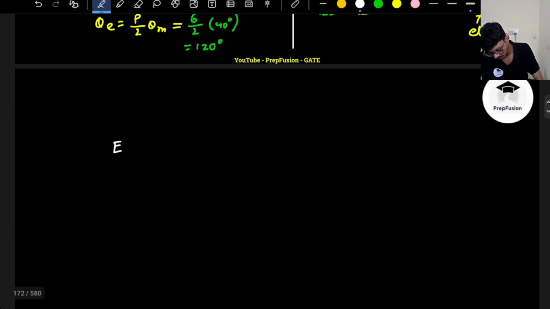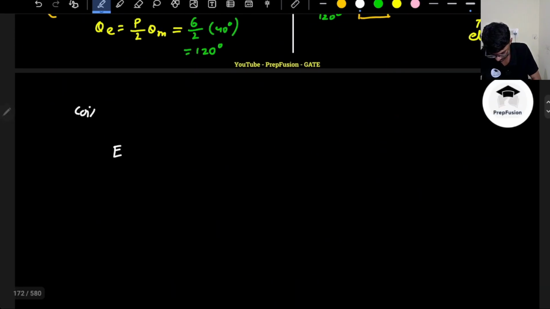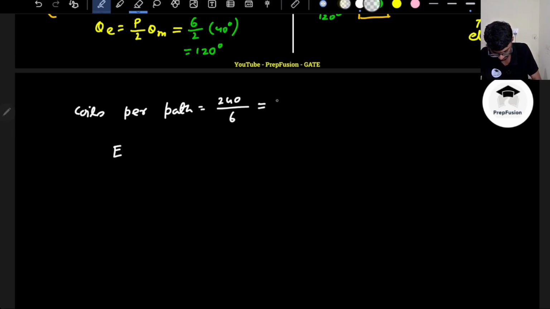So coils per path is equal to 240 divided by the number of parallel paths, that is 6. So it will be 40 coils per path.